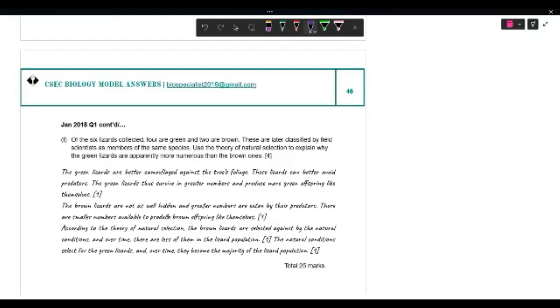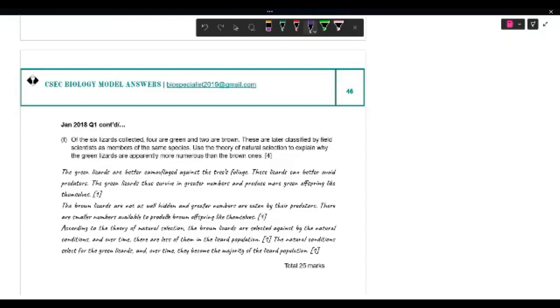And therefore they would survive in greater numbers and produce more offspring like themselves. The brown lizards, on the other hand, aren't as well hidden against the green foliage. So therefore, more of them are found and eaten by the predators, less numbers to produce more brown offspring like themselves.